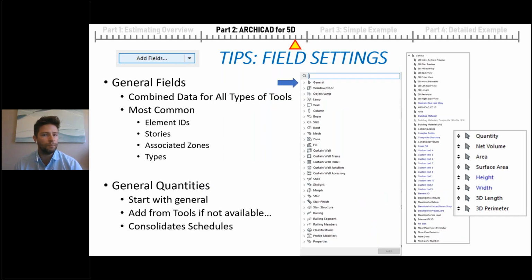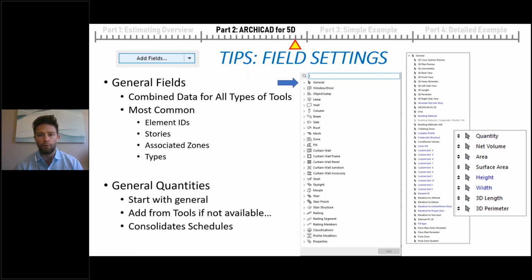For the fields, just some general tips. I always recommend starting with what's called the general data. So it's the very first one at the top of the list here. Next to this, it's got the little arrow icon right here. And so this is general information that applies to all different design tools, no matter what tool you're using.